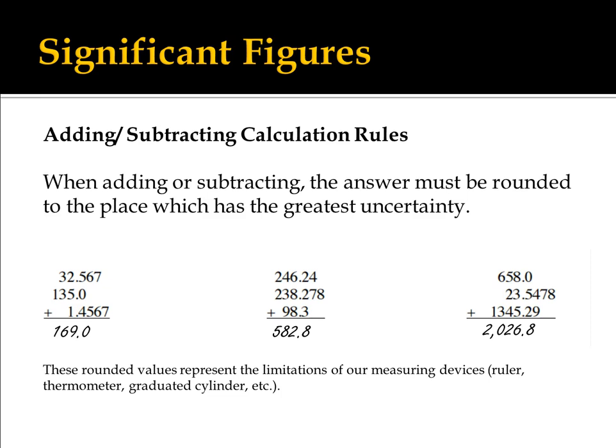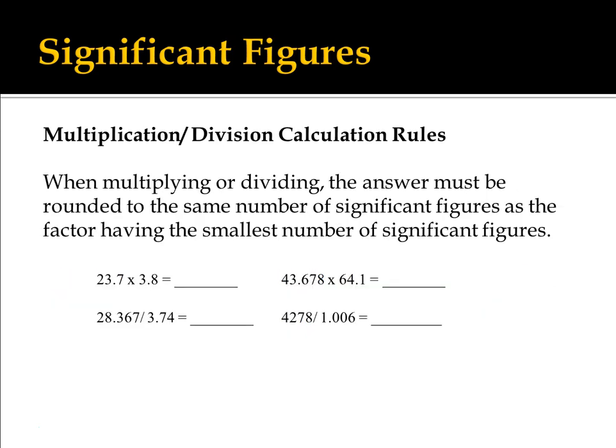So hopefully in that first column with the number of 169.0, note that that middle value there, 135.0, is the least accurate of all of those. Even though the two values, the one on top and the one on bottom, show much more accuracy, your final number that you calculate has to reflect your weakest bit of equipment, your weakest measurement.